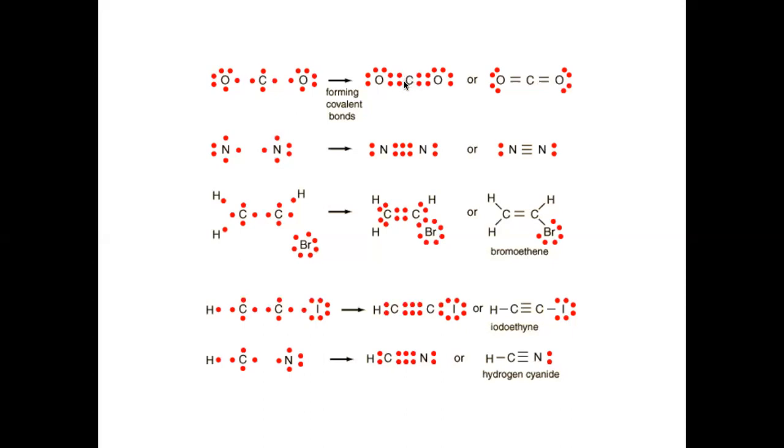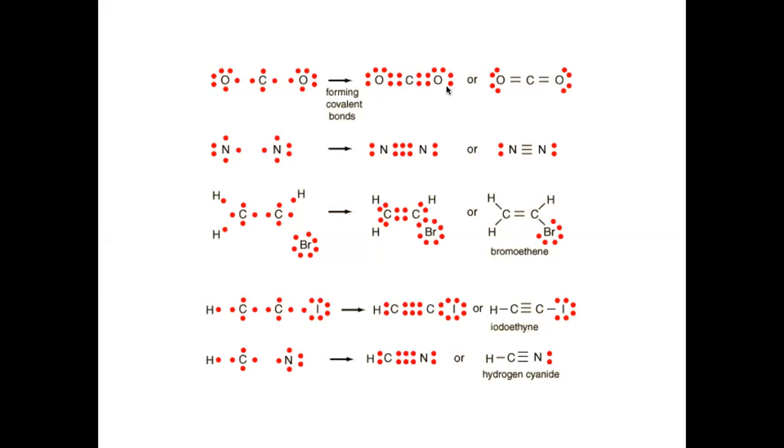This carbon is now sharing all of these electrons. If it helps when you're drawing these out, you can draw a circle around what's being shared, kind of similar to a Venn diagram. And you have 1, 2, 3, 4, 5, 6, 7, 8. So this carbon is now happy with 8, and the oxygen is sharing these electrons between this carbon and this oxygen. That gives us 1, 2, 3, 4, 5, 6, 7, 8.